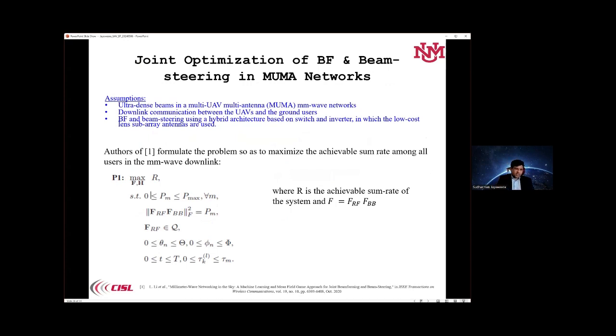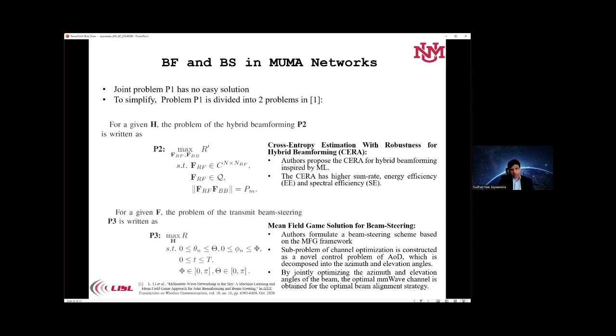This problem is pretty much intractable. It's not a convex problem, because the beamforming matrices, for example, have a certain structure assumed by the antenna array methodology. So the authors separate this into two separate problems, where you first do the beamforming and beam steering separately. The beamforming problem is then written as a hybrid beamforming problem, where you do both the analog and digital beamforming in the RF and the baseband.